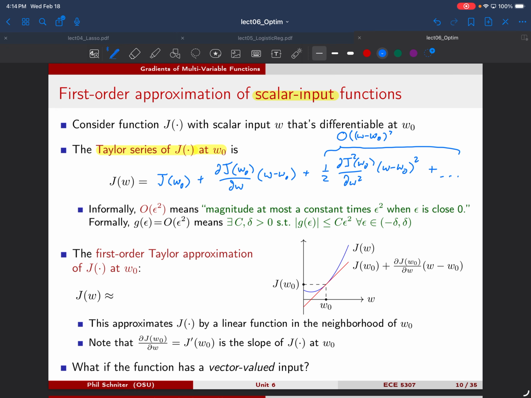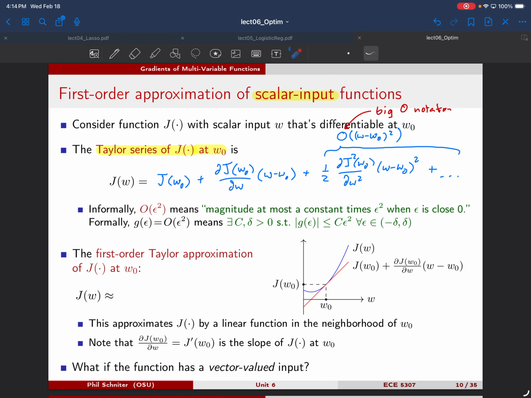And we express that idea using big O notation. Roughly speaking, when we say something is big O epsilon squared, that means that the magnitude is at most a constant times epsilon squared when epsilon is close to 0.